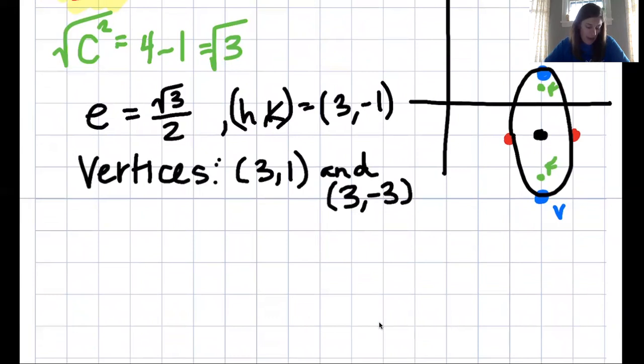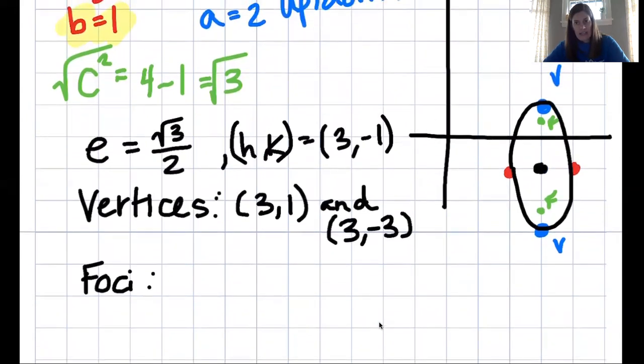Let's see, my foci are on the same vertical axis, or major axis, as the vertices. So same thing, the x for the foci is also going to be 3 because it's on the same vertical line as the center and the 2 vertices. So it's going to be my y that would change instead of being at -1, like for my center point right here.